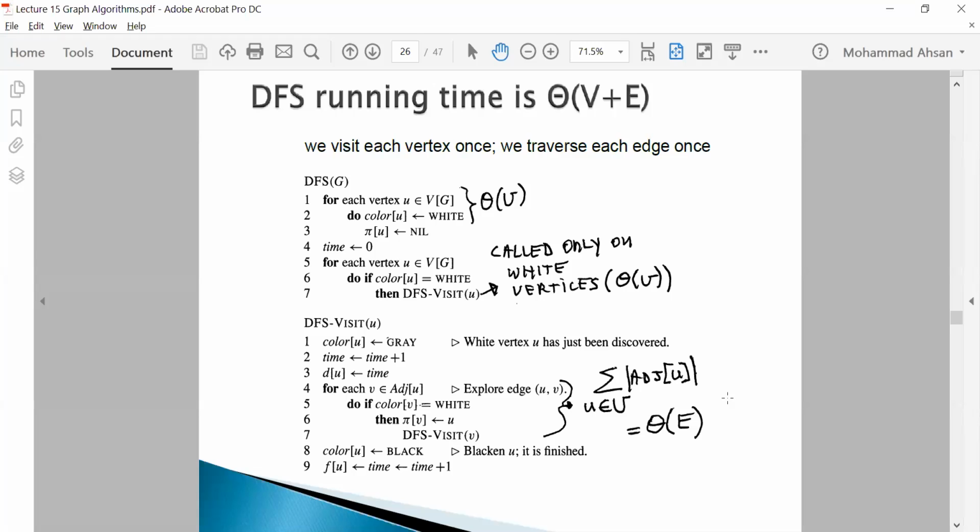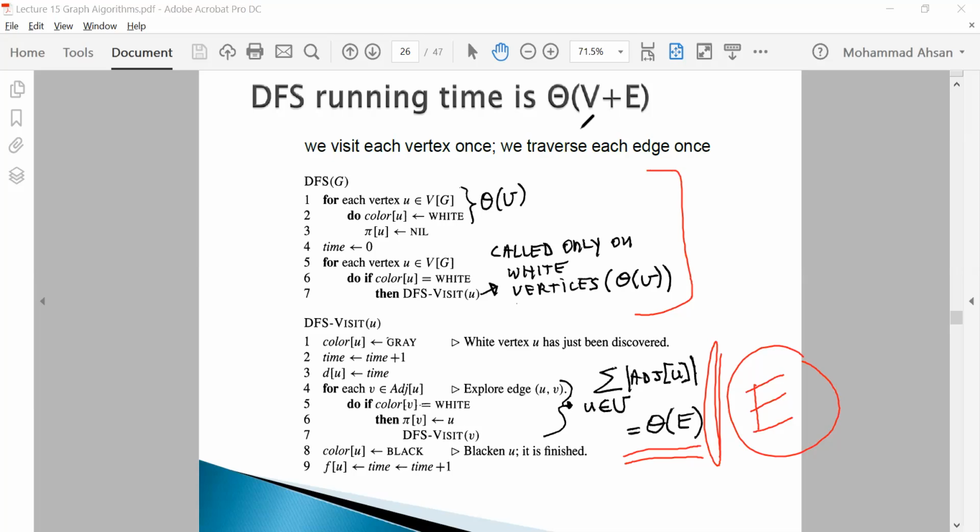So for every adjacent vertex you see in this, let me just mark it here, you see that the runtime is for every edge of a vertex, every adjacent edge. So overall you'll explore e edges.